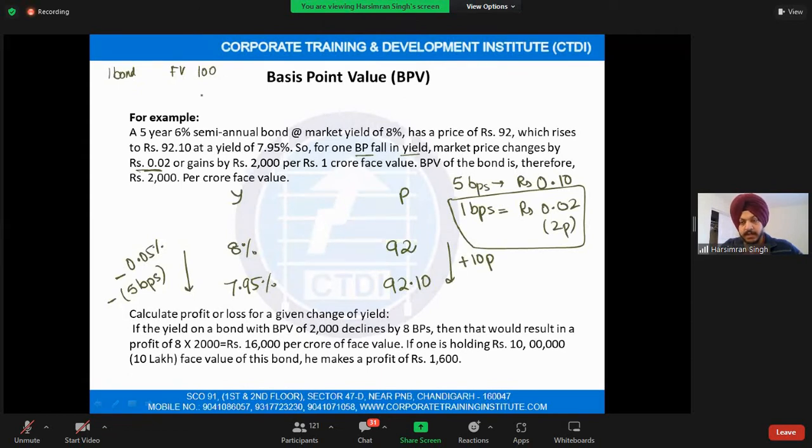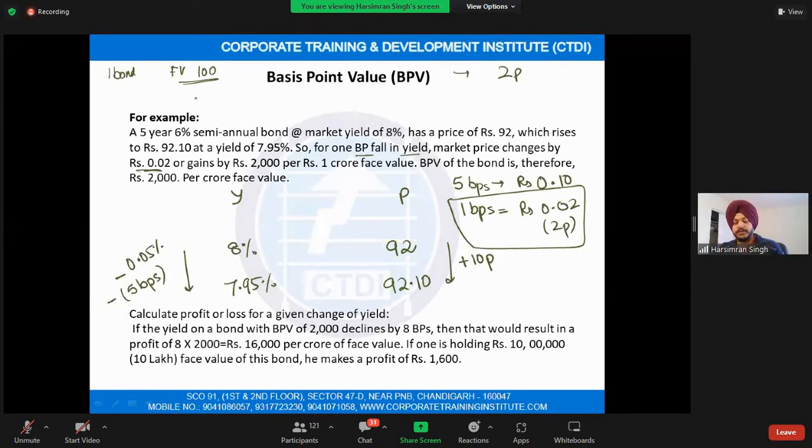There will be 1 lakh bonds. Look here, for 100 rupees face value, the change is 2 paisa. So for 1 crore face value, how much will the change be? 1 lakh... 2000.